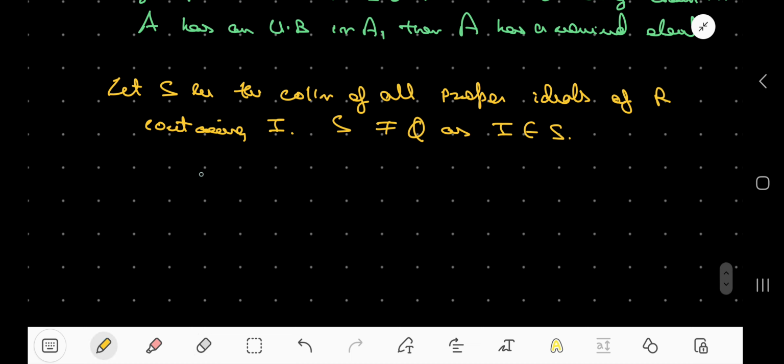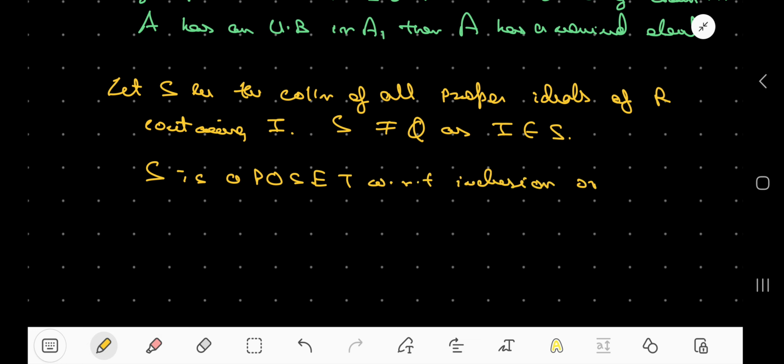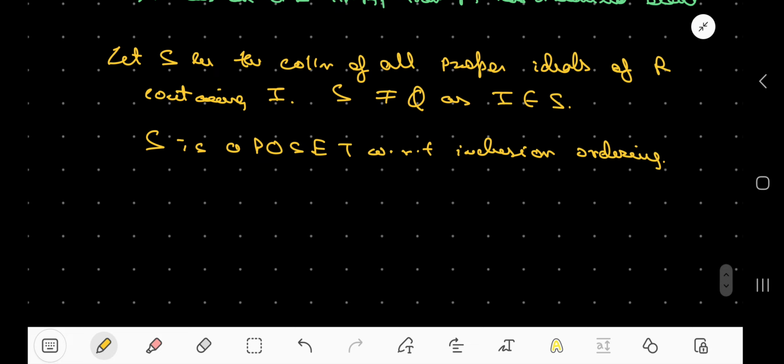Moreover, S is a poset with respect to the inclusion ordering. So I can consider an arbitrary chain from S. What is a chain?